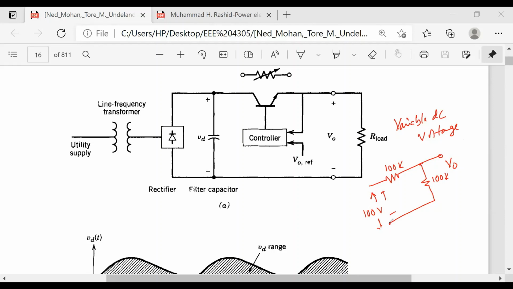But if you apply this kind of voltage divider by using a potentiometer here, changing the resistance, then you will get a variable voltage here. But there will be power loss in the resistance here, so it will not be effective.